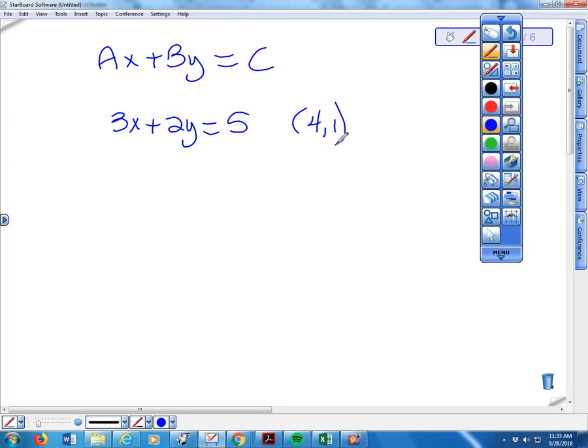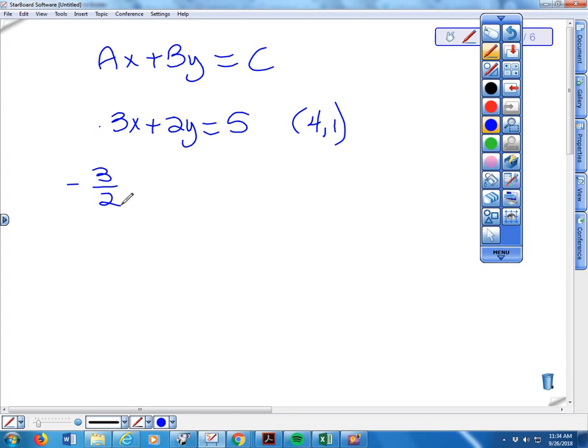Negative a over b. The other way to find the slope of this line is to solve for y and get it into y equals mx plus b and find m. But the fastest way, if you guys like the fast way, is negative a over b. Negative 3 over 2. That's the slope of this line. And I want the line that's parallel to this line. So what's the slope of the new line going to be?